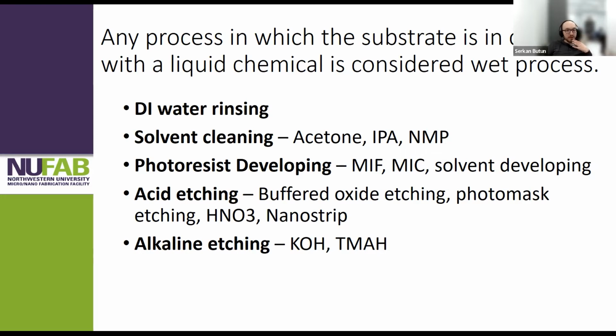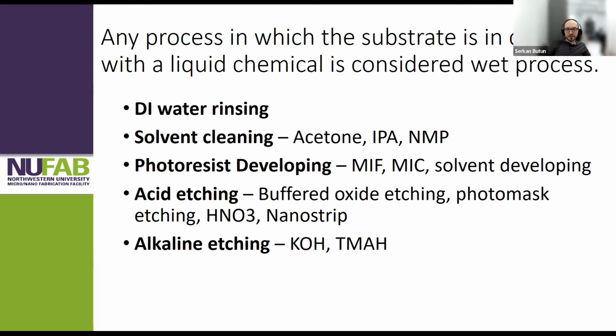And then we have acid processes. They could be a lot of different things. Most people use buffered oxide etching or HF-relevant etches for removing silicon dioxide from the surface or patterning silicon dioxide. We have photomask making, so we have dedicated photomask etchers, which are acid solutions that are used to remove mask material from the glass surface.